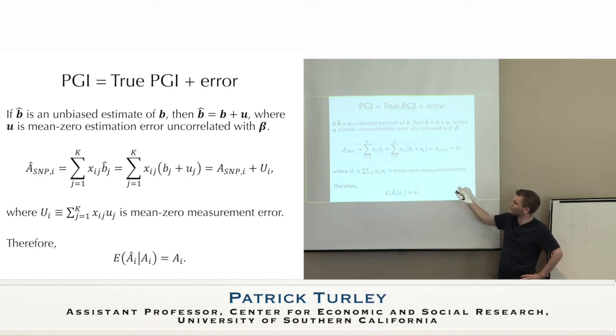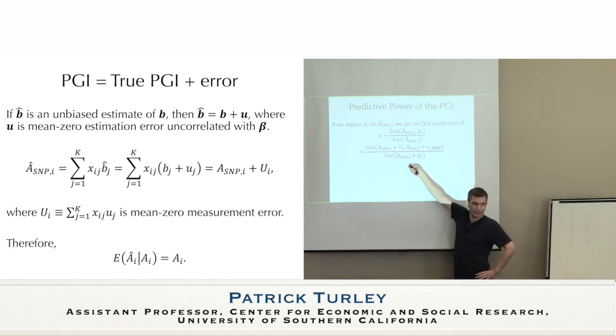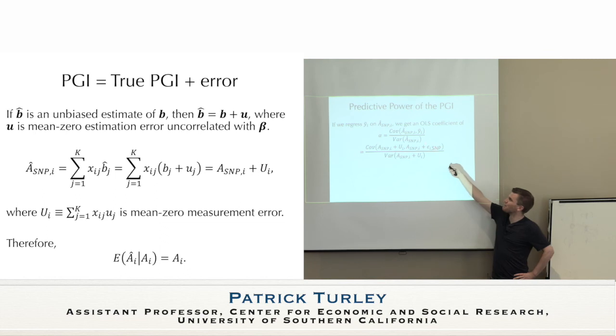When we were going through the Detweiler formula, I just asserted that the error in our estimates was independent of the phenotype residual. If there's sample overlap, U is going to end up being correlated with E, because the source of the error in our estimates is the residual variation.